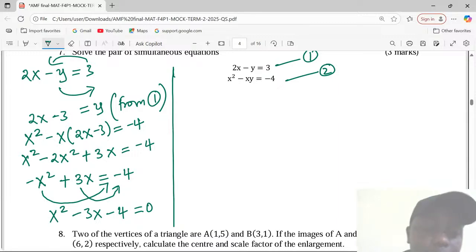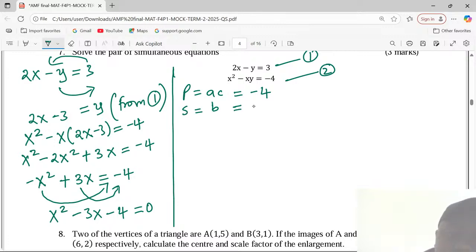Yeah. Okay. Now we have a quadratic equation that has to be solved. Because of the form, allow me to solve it using what we call the factorization method, whereby I need the product of a times c. We have 1 and negative 4 as our values of a and c, so the product is negative 4, and the sum is equal to the value of b, which is negative 3.